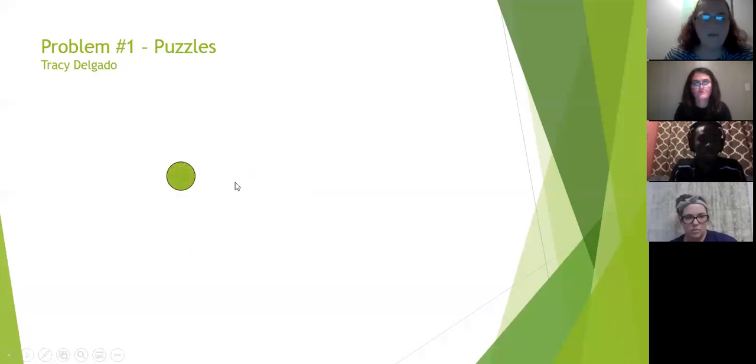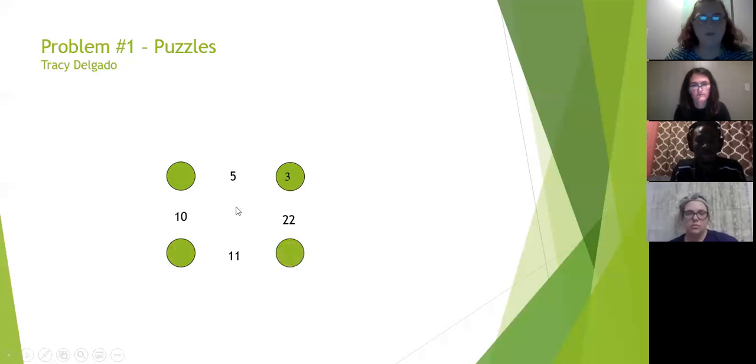And this next one, we're given a circle, 5, 3, 10, 22, 11, and then our 2 blank circles. So now we can do 5 minus 3, or we can do 3 plus blank equals 5. So that would be 2.